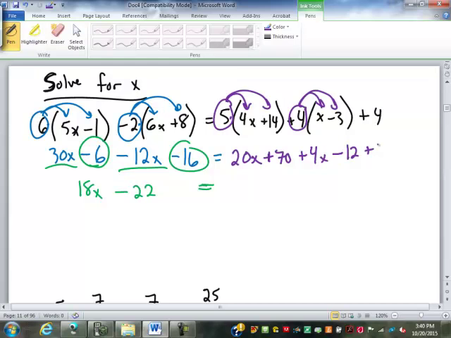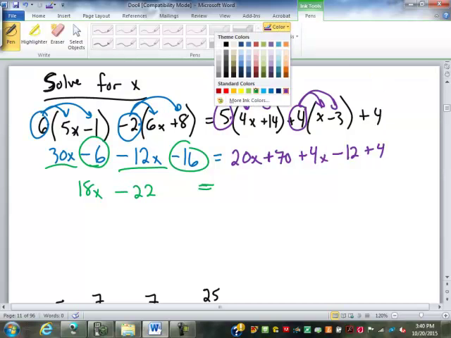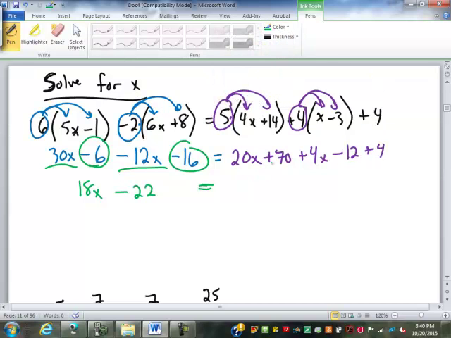And then we just got the plus 4 there. Anything we can do yet on that side? Yeah. 20x and 4x make 24x. And we also have 70, negative 12, and 4 make positive 62. Good. Then what?